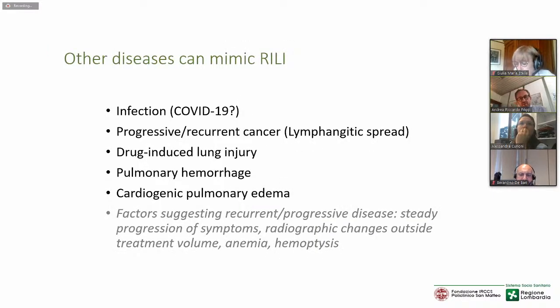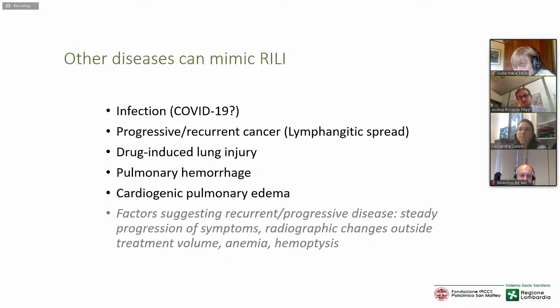So what are the other diseases? It can be radiation-induced lung injury, obviously infection, especially viral infection. That's why COVID-19 is a confounding factor. Also lymphangitic spread and cancer progression, the drug-induced lung injuries, immune-related or chemotherapy-related, pulmonary hemorrhage, and cardiogenic pulmonary edema.